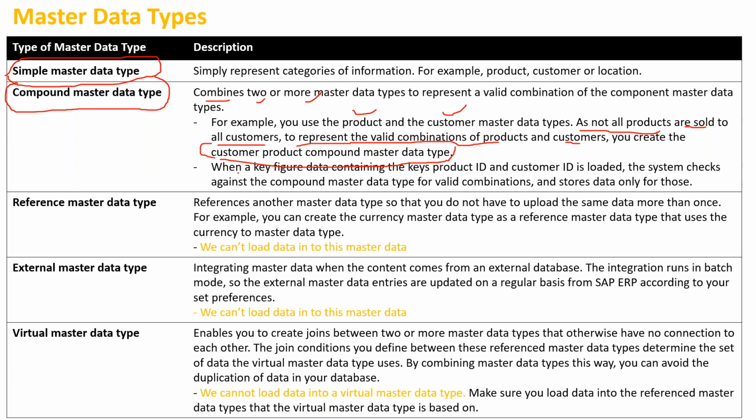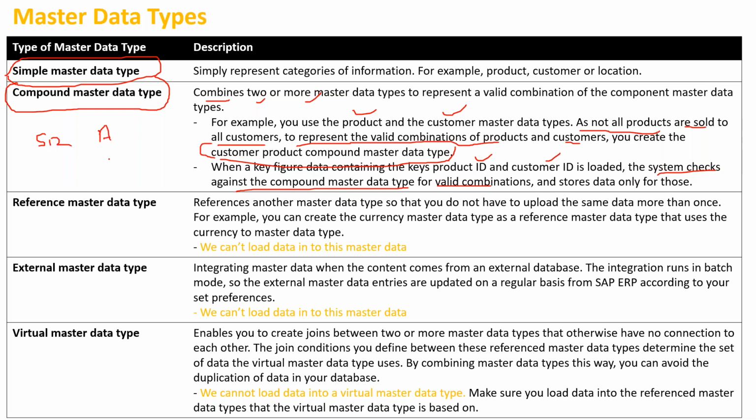That's the first thing. Then, when a key figure data contains the keys, product ID and customer ID, for example, demand or consensus demand, where product ID is Samsung S12 and customer is Amazon, when you're loading the key figure data, the system checks against the compound master data type for a valid combination. For example, I created a product called S12.